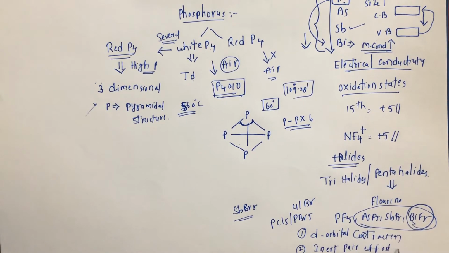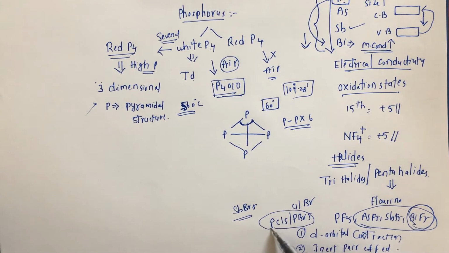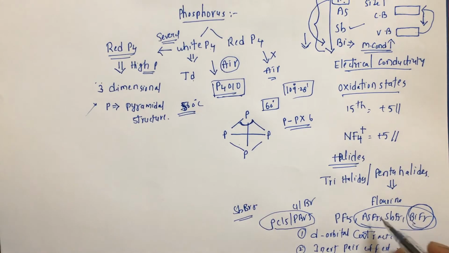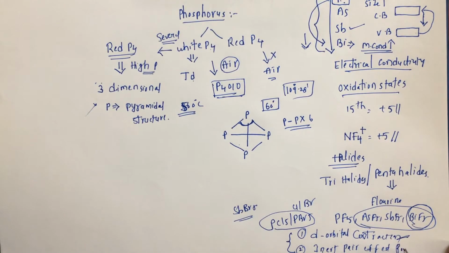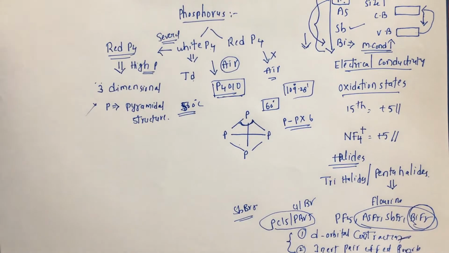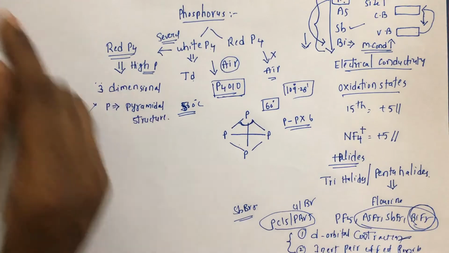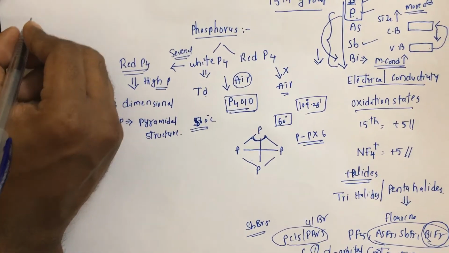I am not going into the details, but this is why phosphorus can form all the halides while arsenic, antimony and bismuth cannot. There are two reasons: d orbital contraction and inert pair effect. The d orbital contraction is due to poor shielding. Next, we have what is called azide.